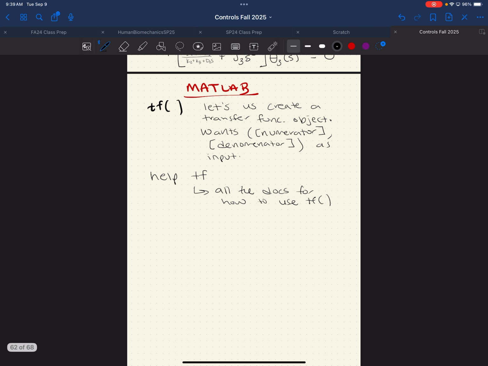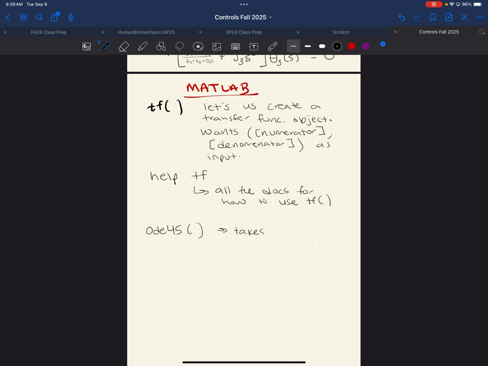Okay, we have transfer function, we have TF. What are some other things we learned? ODE45, which does what? And spits out? No, it does not spit out the transfer function. This one takes the integral and it solves the differential equation.